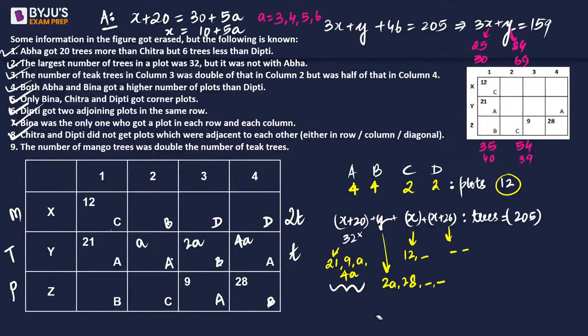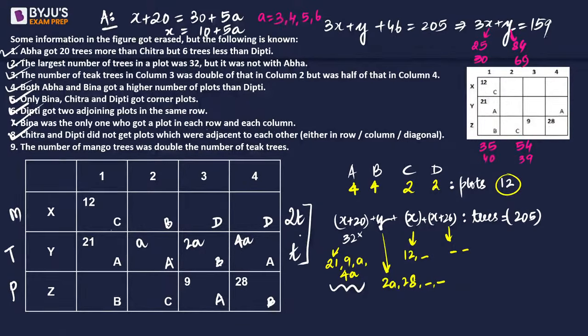So is there any other condition, or any other equation or inequality, that we haven't put to use yet? It is 2t and t. So if you look, can we say 4a plus 2a plus a plus 21 is t?